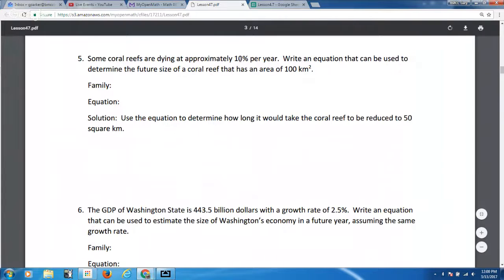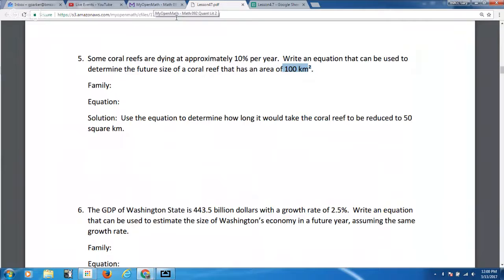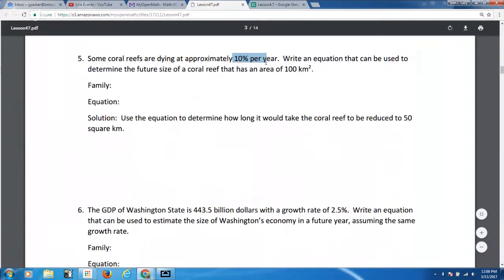And so as the coral reef dies, it decreases in area. And so if it started at 100 kilometers squared, then here we can demonstrate how much we're losing. Now, in this case, since I have how much I'm losing per year, I have to keep in mind how much I keep, what's left of the coral reef.